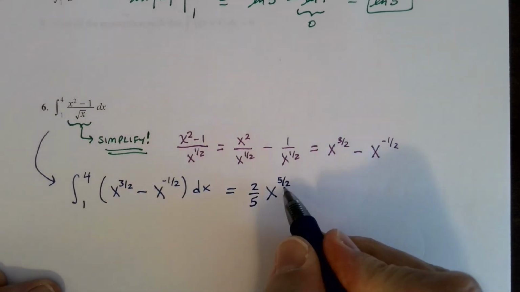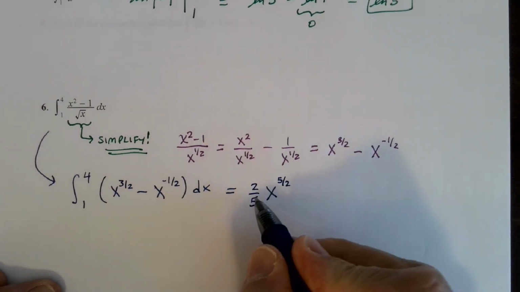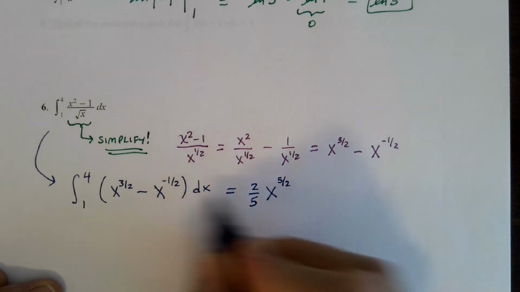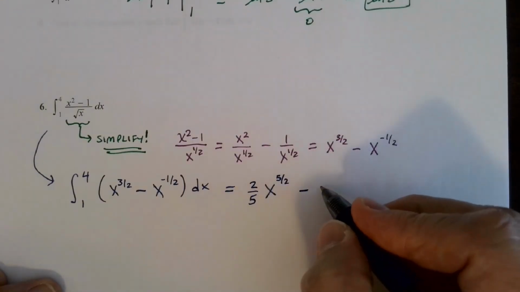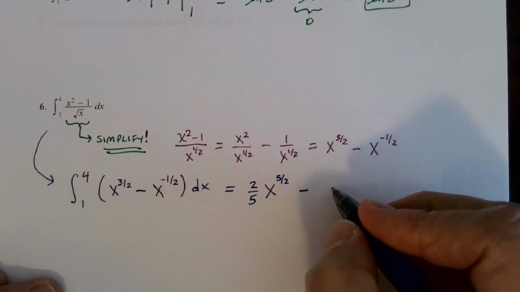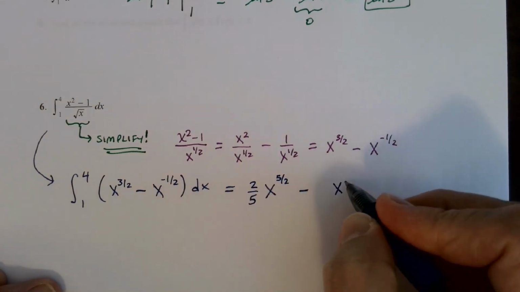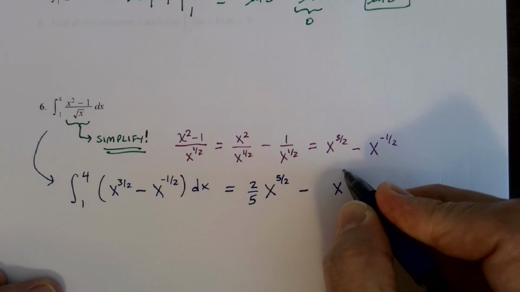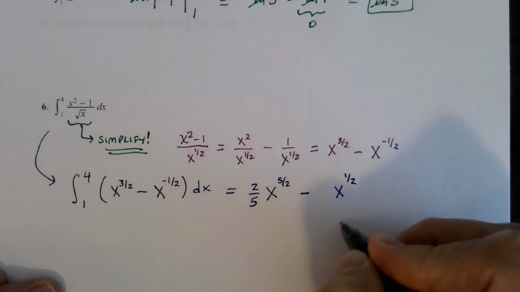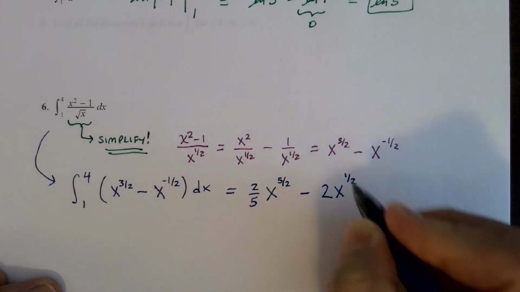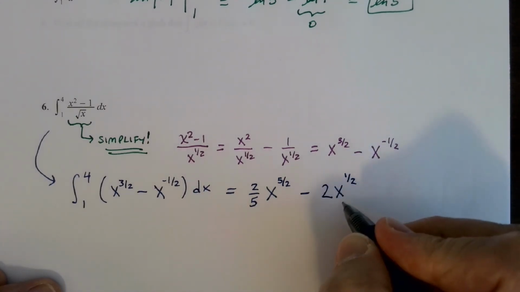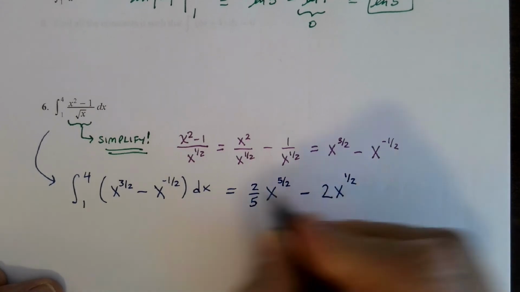So just look, if I take the derivative of this, bring the 5/2 down, that becomes 1, subtract 1, I get x to the 3/2. Minus what? Well, I'm going to do the same thing. Add 1 to negative 1/2, I get what? Add 1 to negative 1/2 gives me positive 1/2. Divide by 1/2 is the same as multiplying by what? 2. There's the antiderivative. Check. Take the derivative of this and make sure you get back to this.